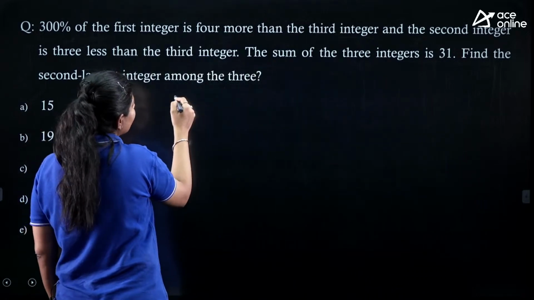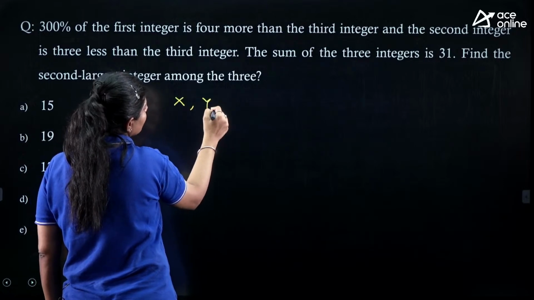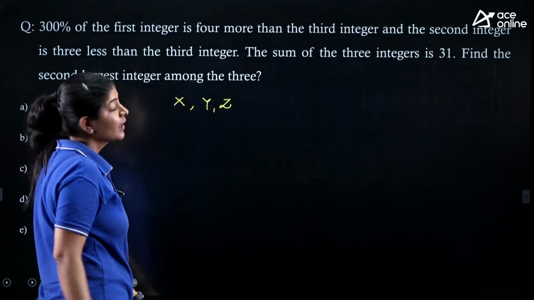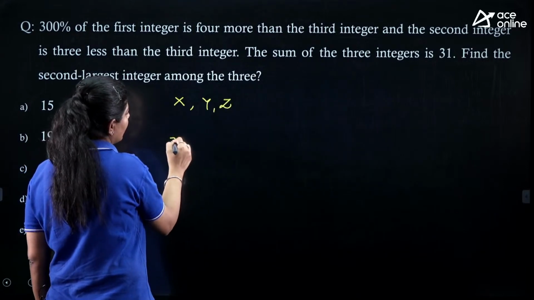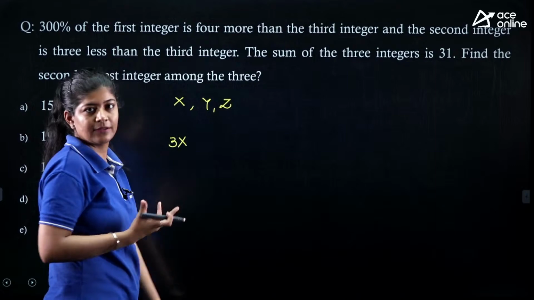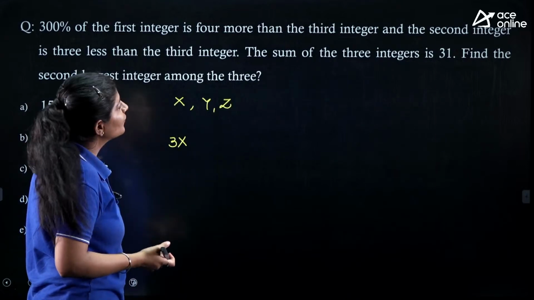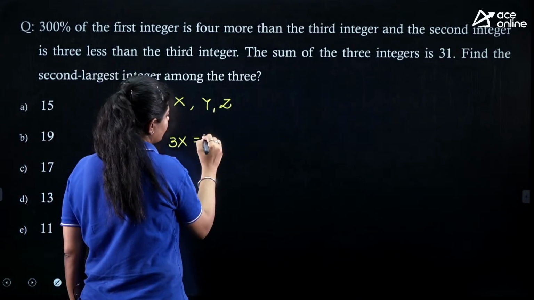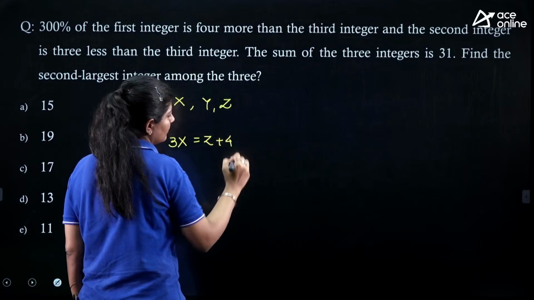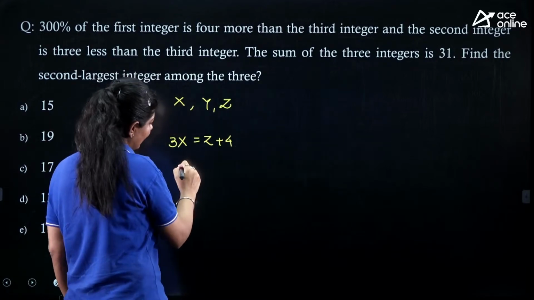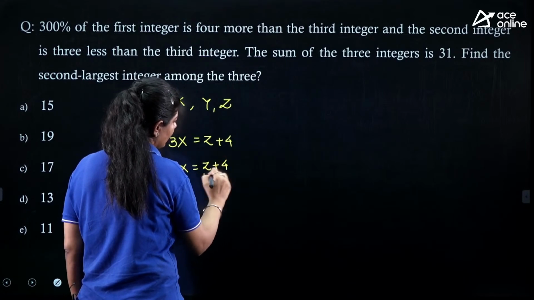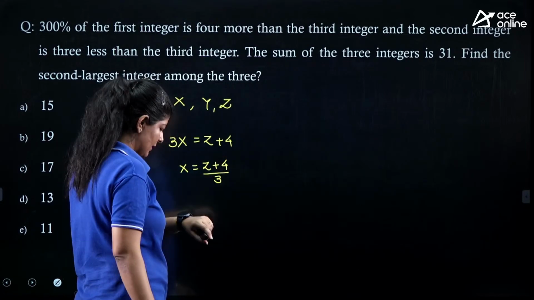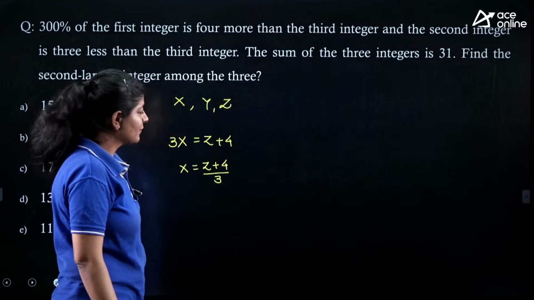As we are having 3 variables, I can assume that they are x, y and z, right? 300% of the first integer, that means 3x, is 4 more than the third integer, z plus 4. So I can write x as z plus 4 by 3.